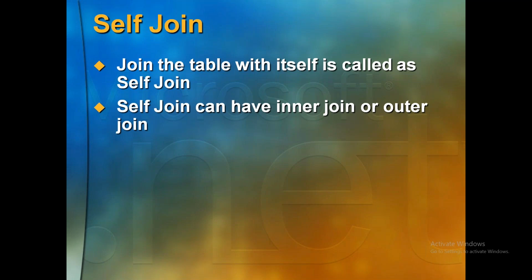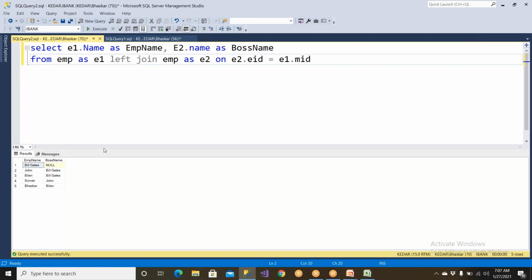So this is also one more join. Am I clear, guys? Self join means joining the same table with itself. If you wanted to apply inner or outer, that is your choice. And this is one best example where we can get the data like this.